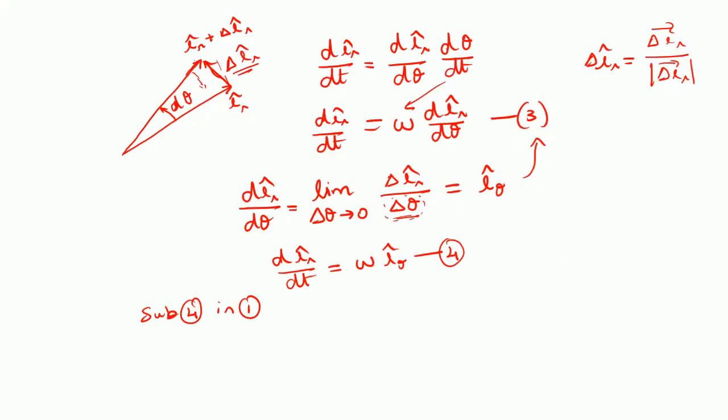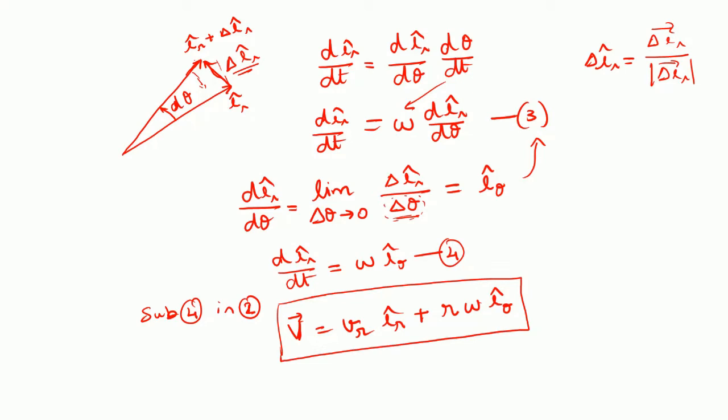If you substitute back in equation 2, you will get V is equal to VR into ER plus R into omega into E theta. Are you getting that point? This omega E theta gets substituted instead of der by d theta. So this is how you get velocity in the polar coordinate system.